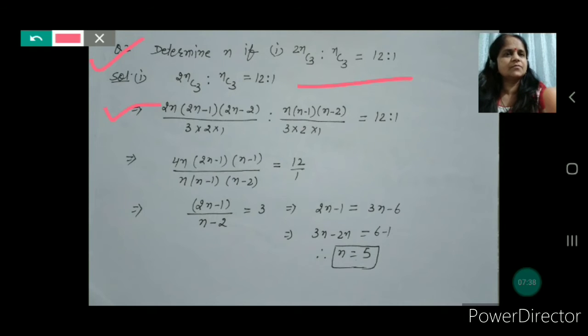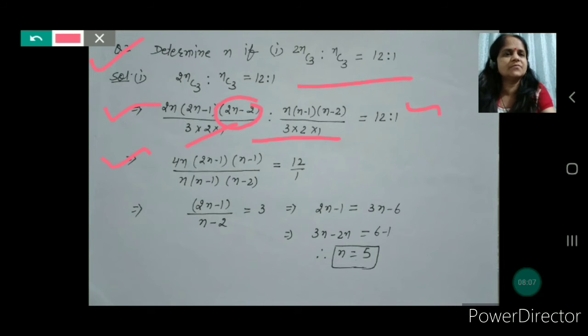Same for nC3, you will get n times (n minus 1) times (n minus 2), and in the denominator 3 into 2 into 1. And it is 12 ratio 1, as it is. Now we see that in this term 2n minus 2, take 2 common, and you will get 4n times (2n minus 1) over (n minus 1) in the denominator, if we write this in ratio form.